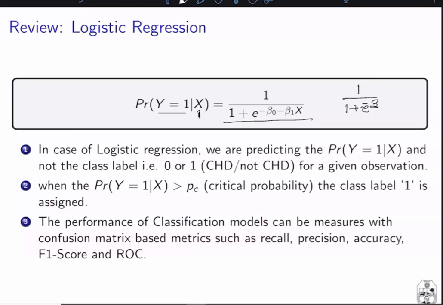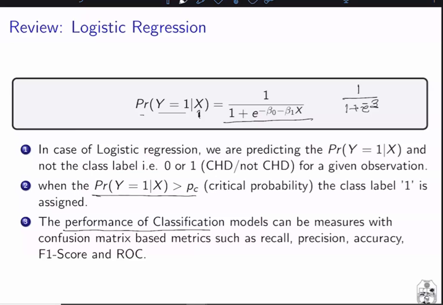If this interpreted probability value is greater than some critical value, then the class label 1 is assigned, otherwise 0 is assigned. The performance of logistic regression, or any classification algorithm in general, is evaluated with the help of certain performance metrics.